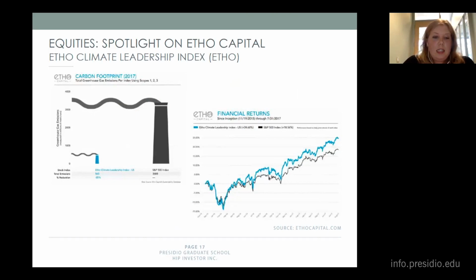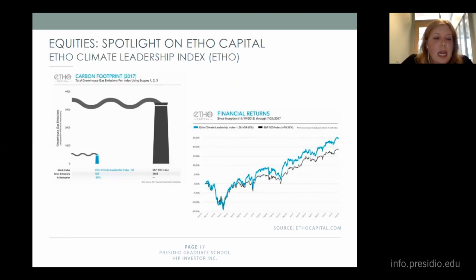This index is completely divested of fossil fuel companies, as well as those in tobacco, weapons, and gambling, and it undergoes rigorous screening with expertise from global NGO partners and based on ESG performance data.